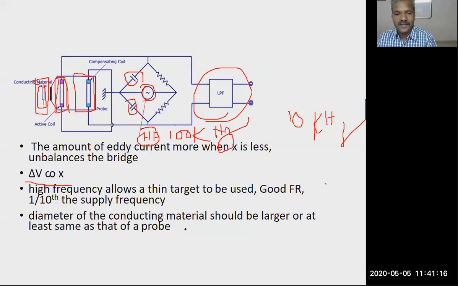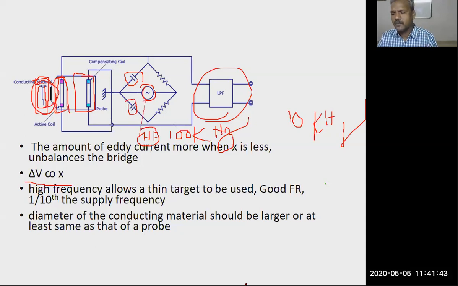The diameter of the conducting material should be large, so that there will be a good output. At least the diameter of the conductor should be more or less equal to the active coil diameter, the probe diameter.